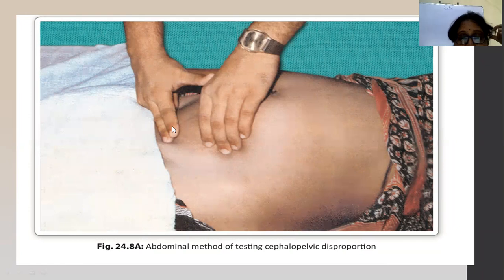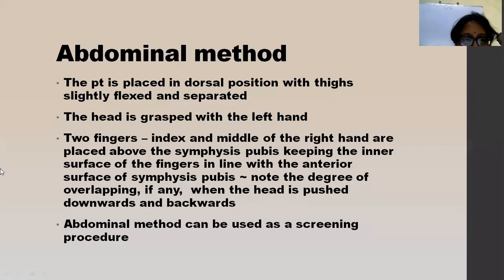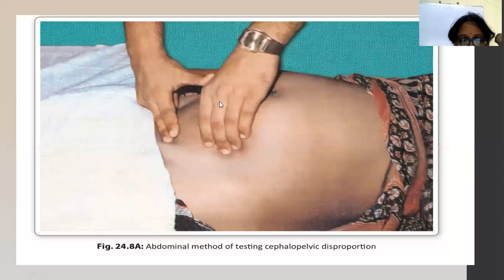The inner surface of the fingers is kept in line with the anterior surface of the symphysis pubis, and we have to note whether there is any overlapping of the parietal bones. And now with the abdominal hand, you have to push the baby into the pelvis.